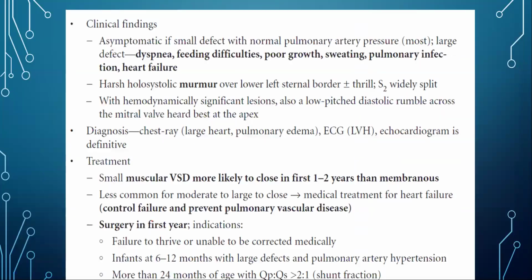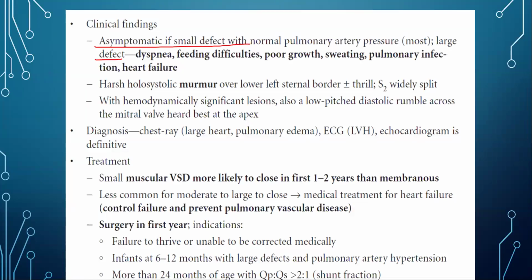Because in this ventricular septal defect the blood is moving in and out of the ventricles, if it is a small defect, it might not cause any problem; it will be asymptomatic.